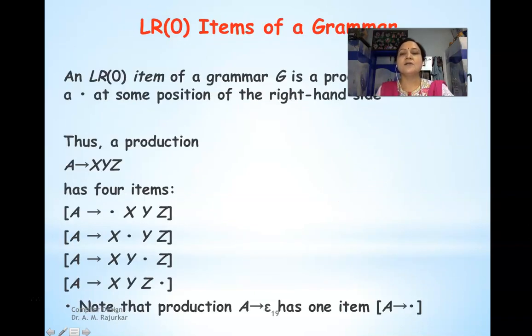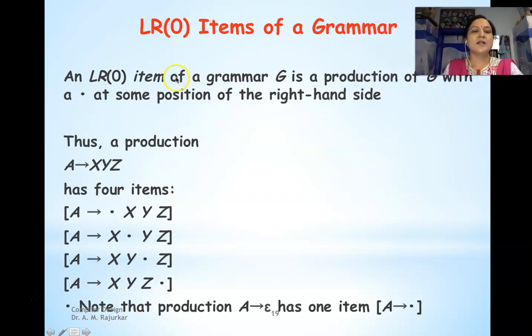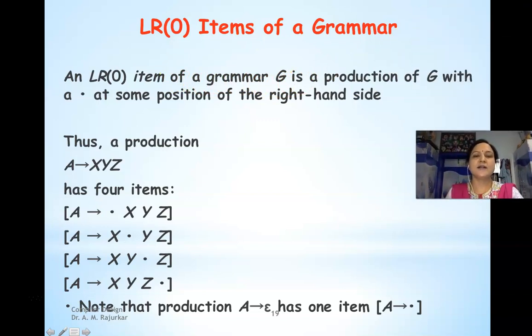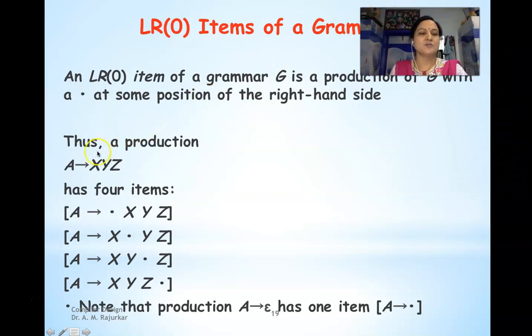So now let's see the definition of LR0 items. An LR0 item of a grammar G is a production with a dot at some position on the right-hand side. Here are examples. Suppose there is a production A tends to XYZ. It will lead to 4 different LR0 items.